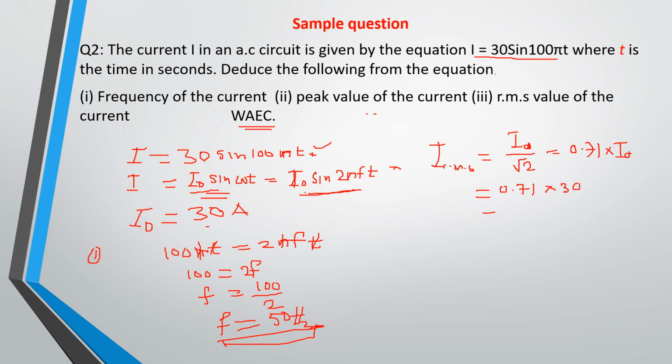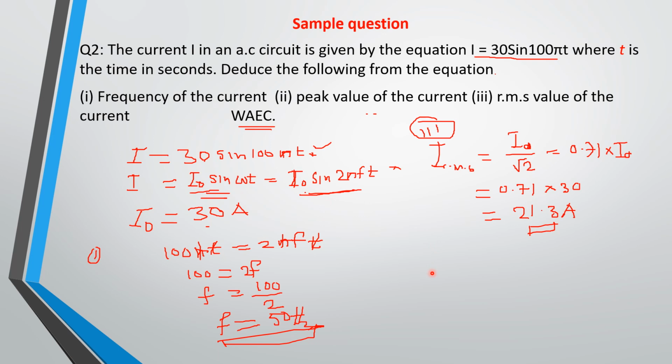If you work this out, you are going to have 21.3 amps. Press that on your calculator. So this gives us the root mean square value of the current. So this is your number 3. This is the solution to this particular question.